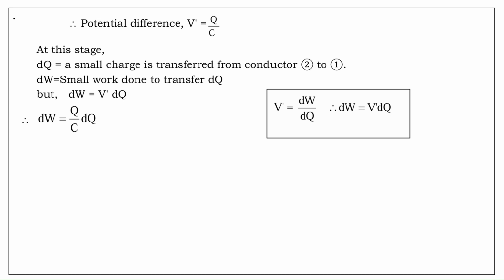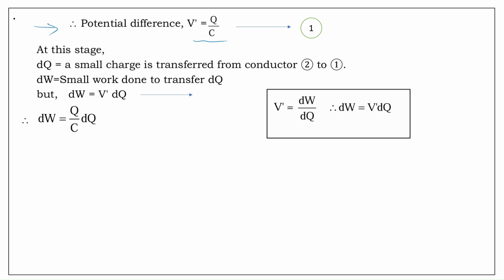Consider an intermediate situation when the charges on the plates are q and minus q. At this stage the potential difference between the plates is V dash, equal to q by C. Mark as equation 1.